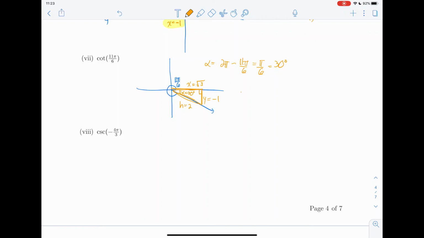And so if we wanted to compute the cotangent of 11 pi over 6, this is going to be the same as 1 over the tangent of 11 pi over 6. If tangent was opposite over adjacent, cotangent is adjacent over opposite, which in this case is the square root of 3 over negative 1, which is going to be negative square root of 3.